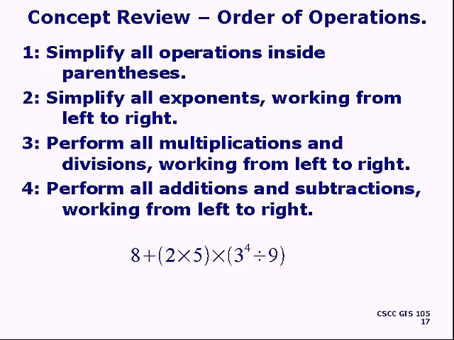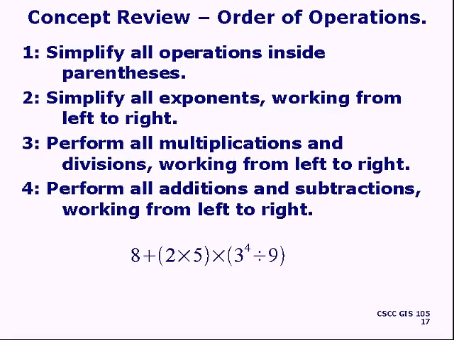Order of operations, simply saying that we're going to do everything inside parentheses first. So in this case, the 2 times 5 would be one of the first things that you do. We're going to simplify exponents, working from left to right.